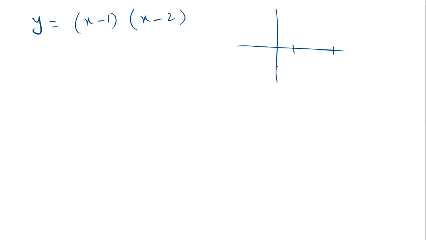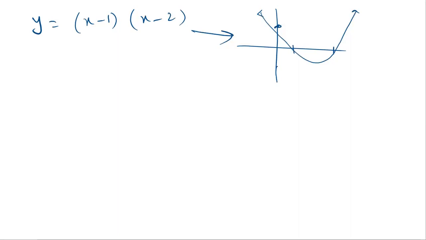These are the roots, and if x equal to 0, this will cut like this. This is the graph of y equal to x minus 1 into x minus 2.